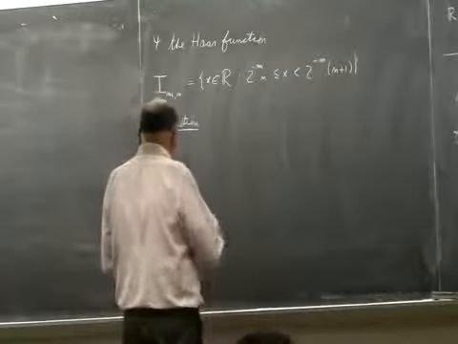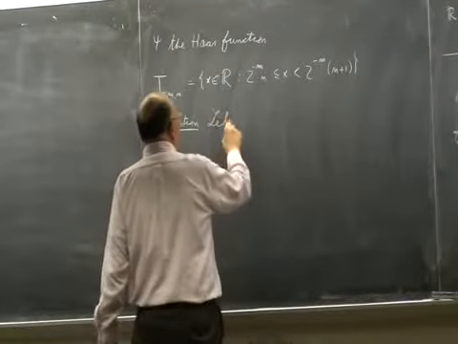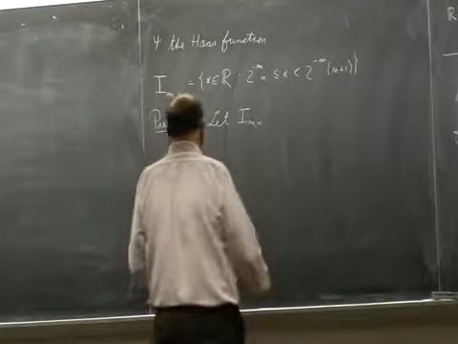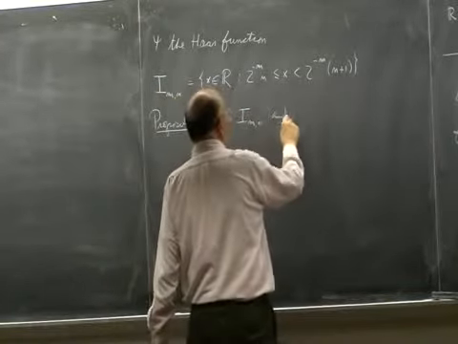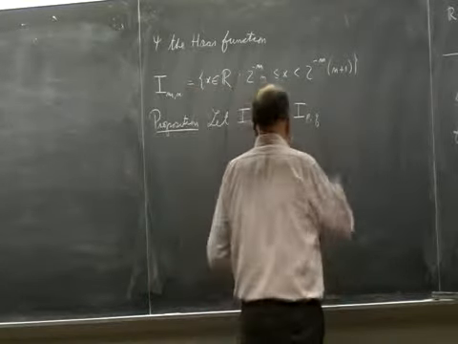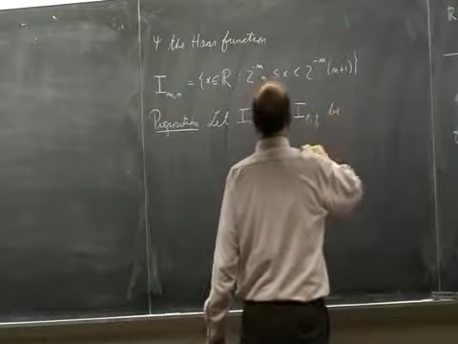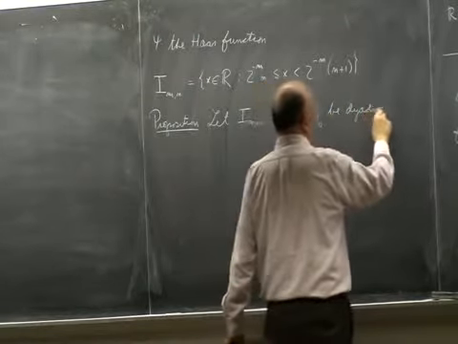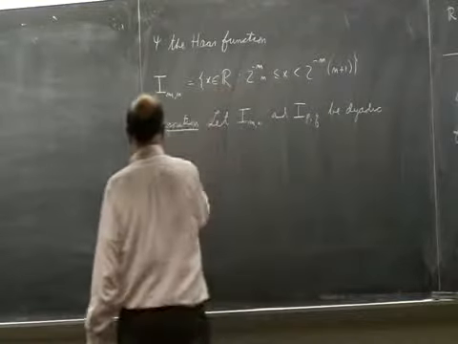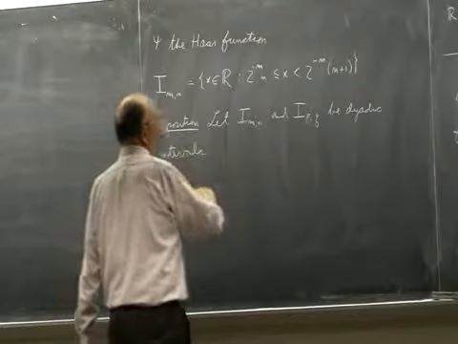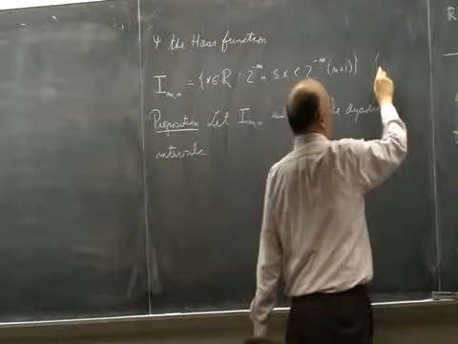There you go. Let I_{m,n} and I_{p,q} be dyadic intervals. So these are what I'm calling dyadic intervals.